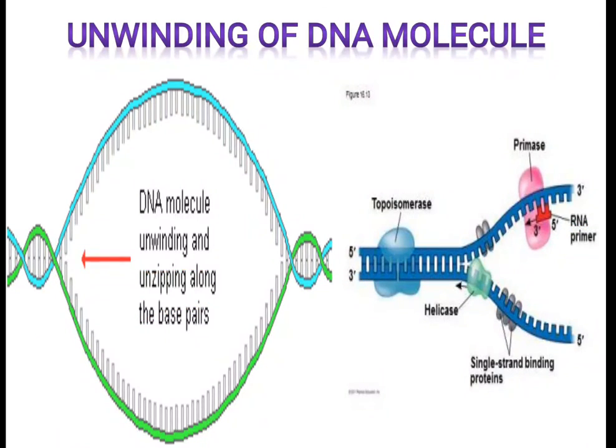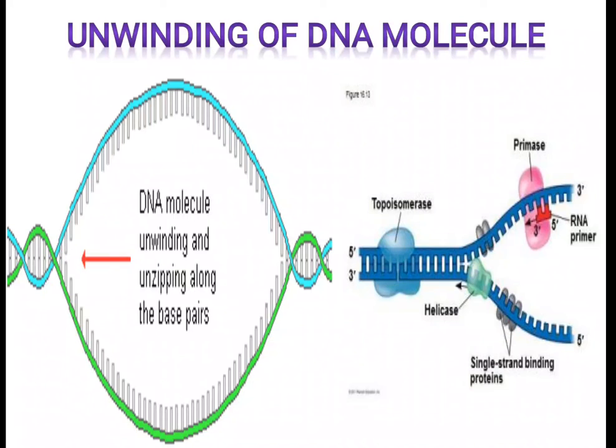Now what happens in this step? The separation of the two chains of DNA, which is called unzipping, takes place due to the breaking of the hydrogen bond between the two chains. The process of unzipping starts at any particular point, which is called the initiation point, that we just discussed.